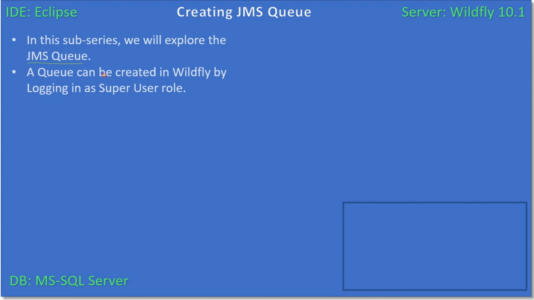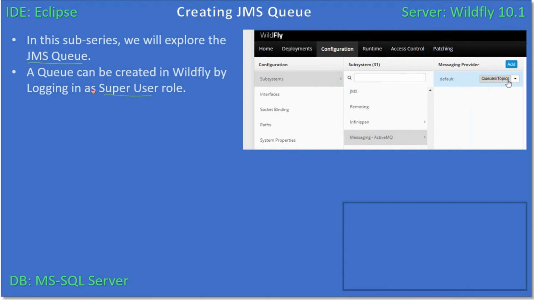A queue can be created in Wildfly by logging in as a super user role. Once you log into super user role, you can go to the configuration subsystem and based on this queue and topic, you can perform the task of creating the queue.